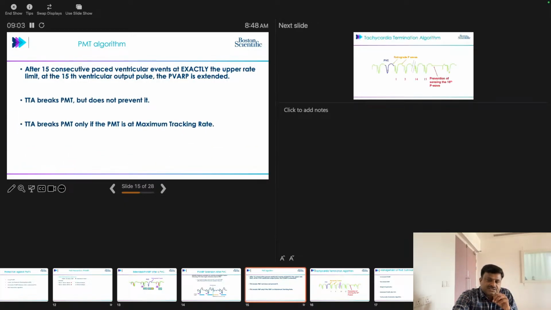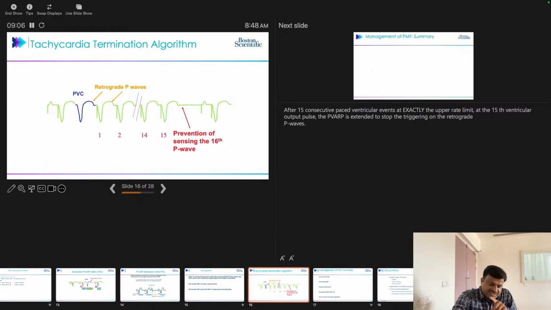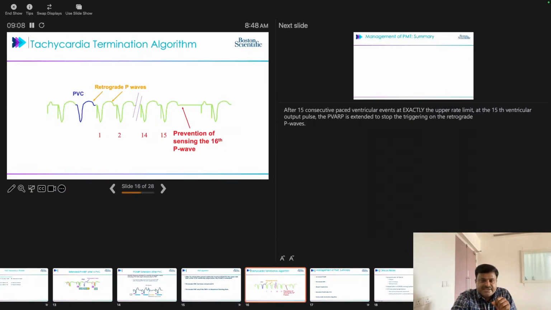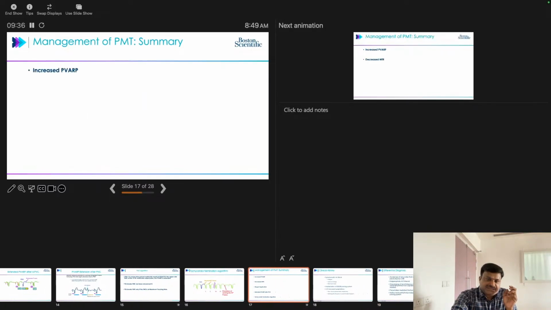So once it is done, after the 16th cycle, the P wave will be hidden by the device, by making the PVARP extension about 400 milliseconds, and then it records in the histograms and the arrhythmia logbook, so that we will be able to see how many times these kinds of episodes happen to a particular patient, so that later on, if required, we can adjust the AV delay as well as the PVARP as per the patient's need.